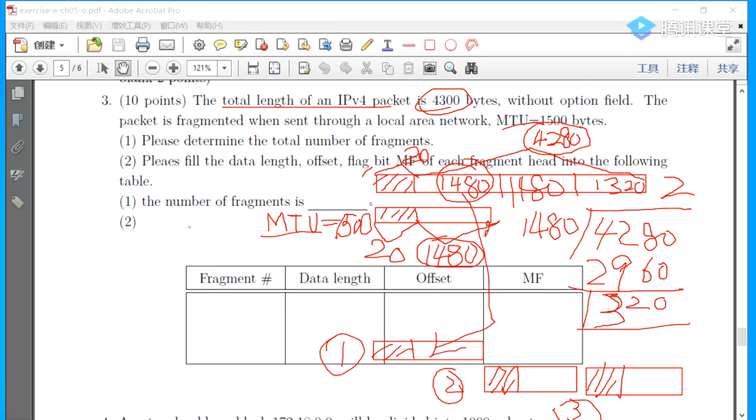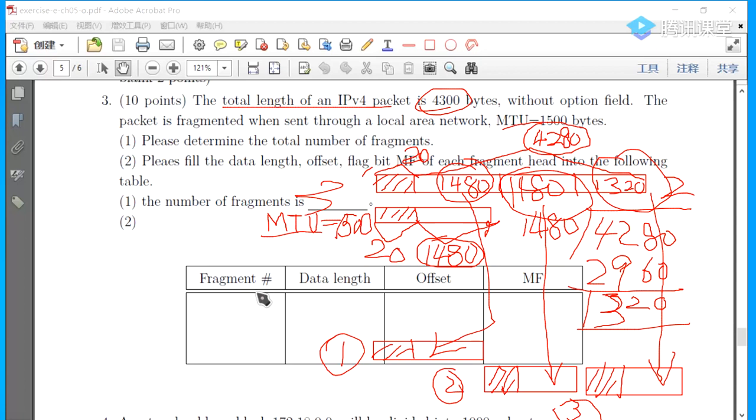The second part is filled in the payload. The remainder is filled in the third one. So the number of fragments is 3. Right? Do you understand?